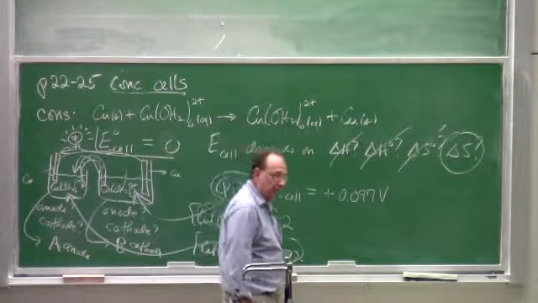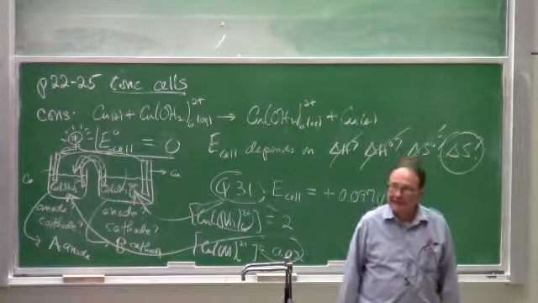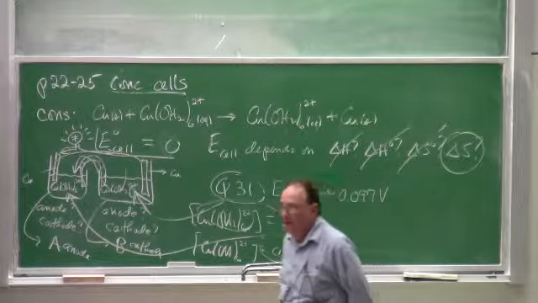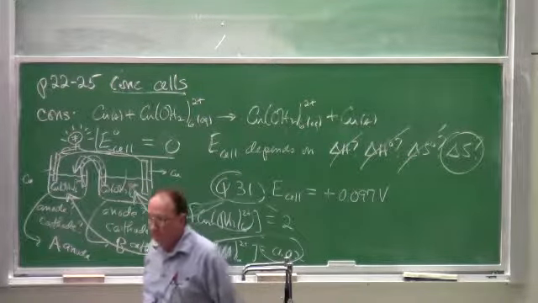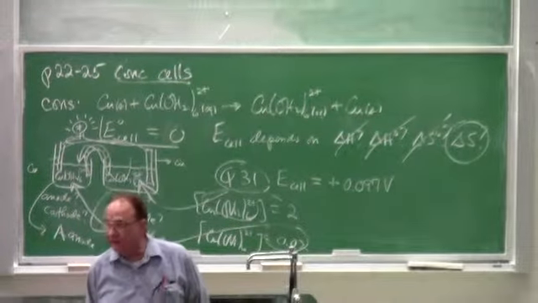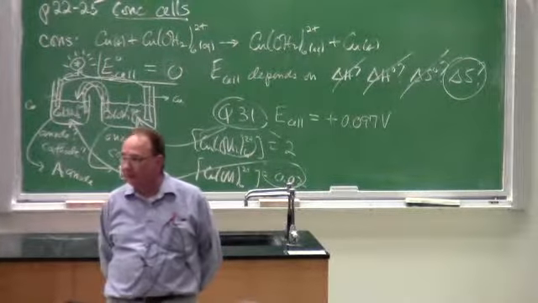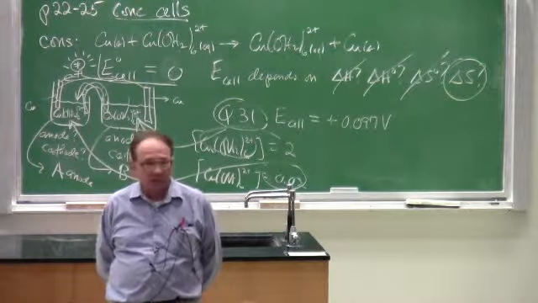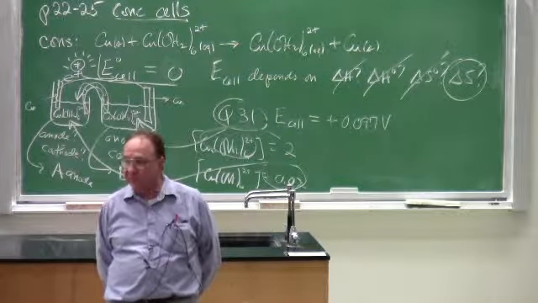How long is this system going to run? And I don't want any time answer. Until equilibrium. Well, what will be the condition which defines equilibrium for this system? When I have an equal molarity of copper ion in each beaker.